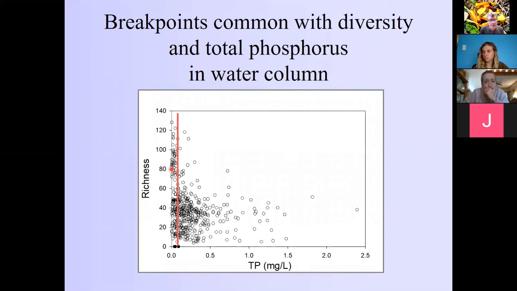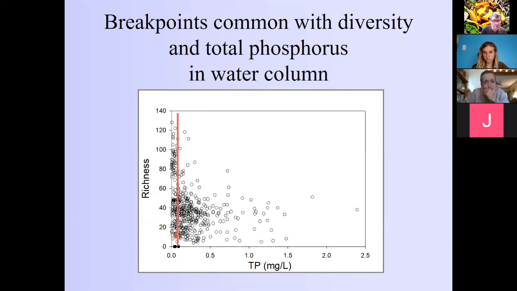Another example of a threshold, and this has implications for water quality protection. We already talked about this earlier in the class, but I want to bring it up again. If we look at the invertebrate richness versus total phosphorus in streams, and these streams are those found in Missouri and Kansas and Nebraska, we can see that if the phosphorus is quite low, you can have up to maybe 100 to 120 species.